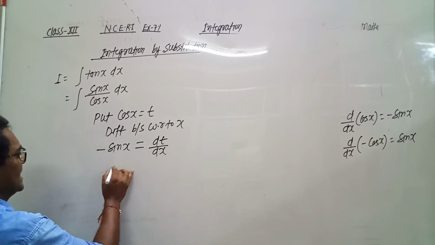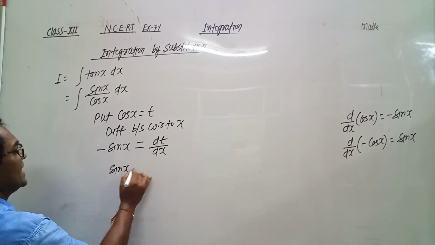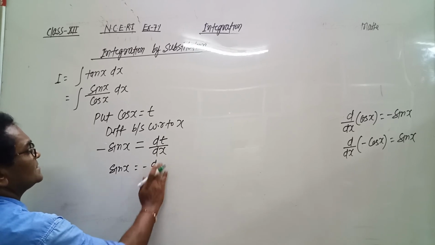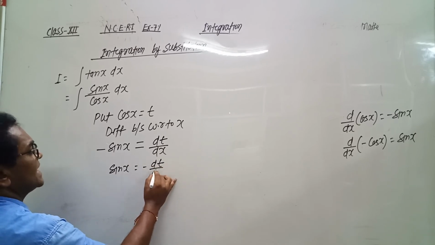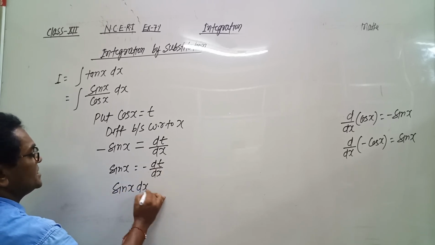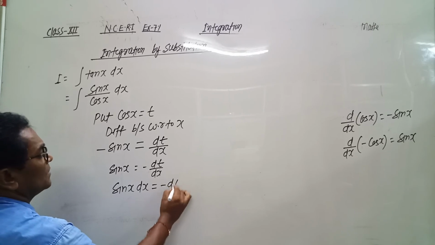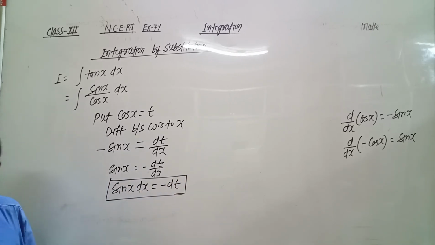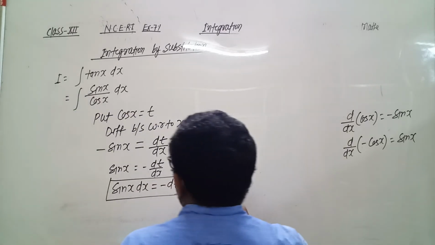Multiplied both sides by minus sign. So sin x equals minus of dt by dx, and by cross multiplication sin x dx is equal to minus of dt. So we get the result sin x dx equals minus dt.